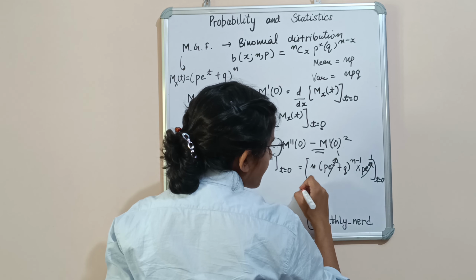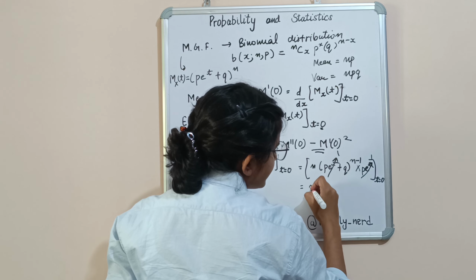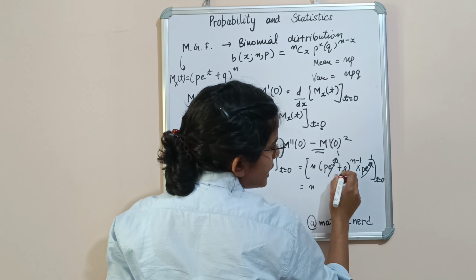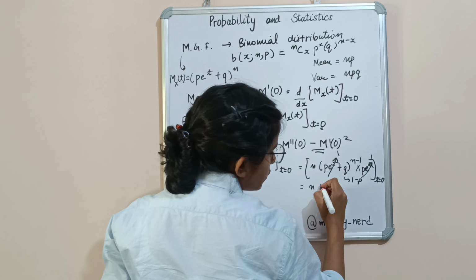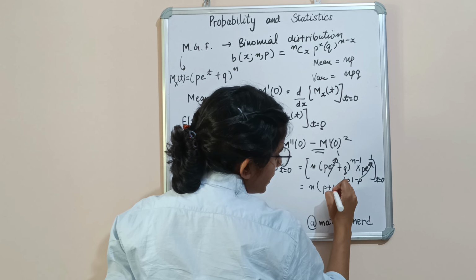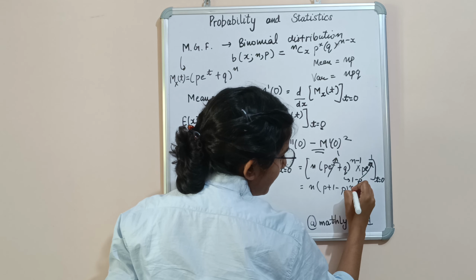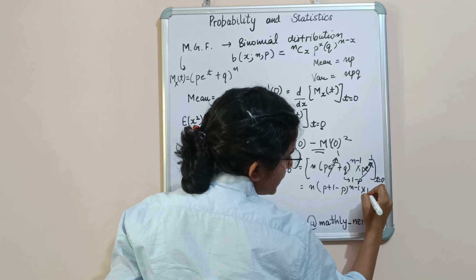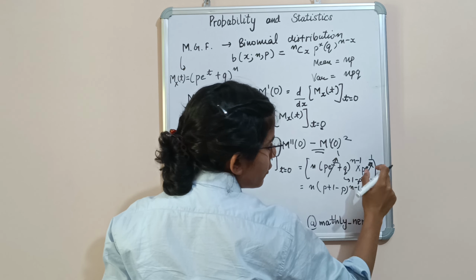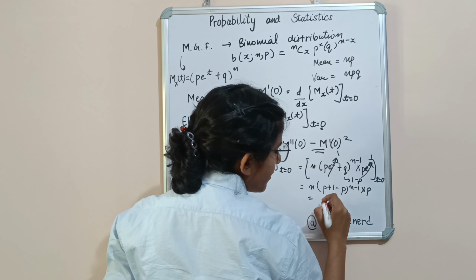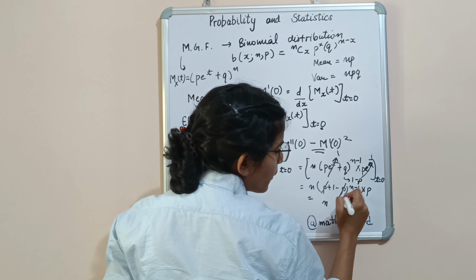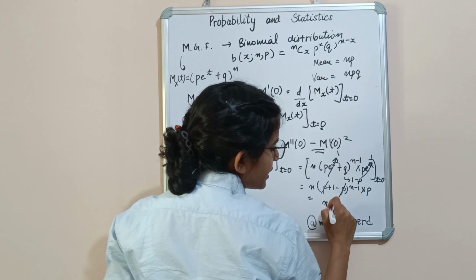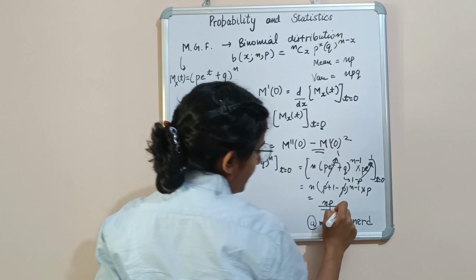So this will be n times p, and the value of q is 1 minus p. So this will be (p + 1 - p)^(n-1) times p, as e^t is 1 at t equals 0. So this will be n, p to the power... 1 raised to the power n minus 1 will be 1, and that equals np.